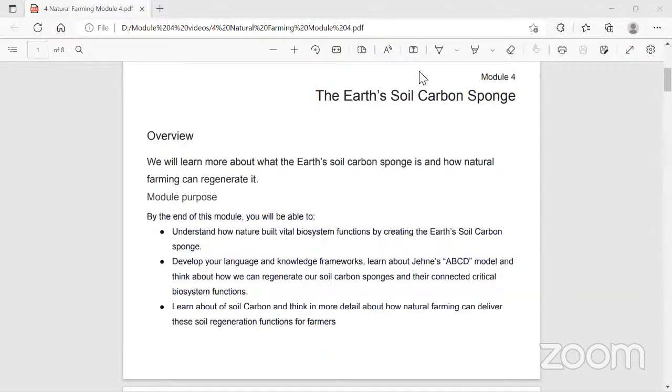We'll understand how nature built vital biosystems by creating Earth's soil carbon sponge, and also develop language and knowledge frameworks, and learn about the ABCD model.